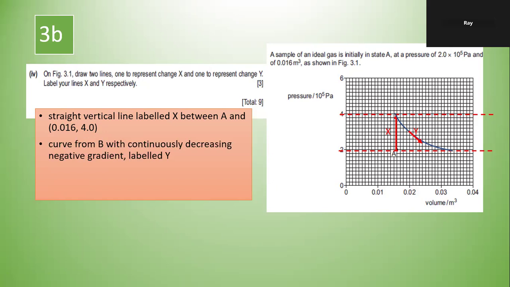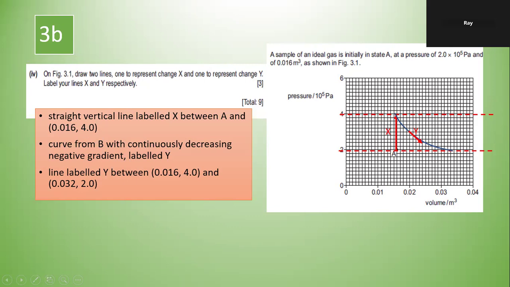Then a curve from B, continuously decreasing with a negative gradient, labelled Y. They are interested in the starting point and the end point. The end point must be 0.32. X and Y.